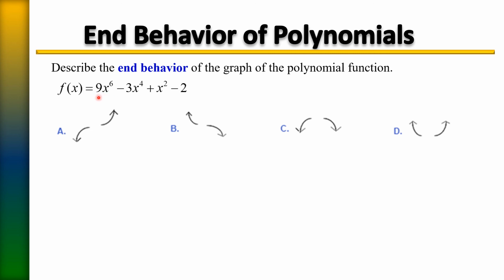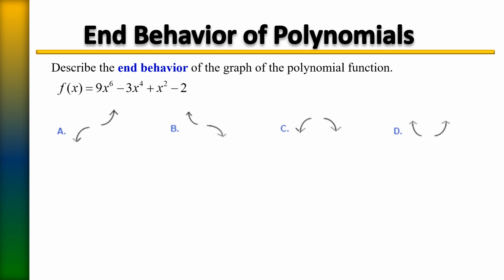Our leading term here is 9x to the 6th power. The degree of that leading term is 6. 6 is an even number. Remember, even polynomials will either face upward or downward, so that means we can automatically exclude A and B. It cannot be A or B.